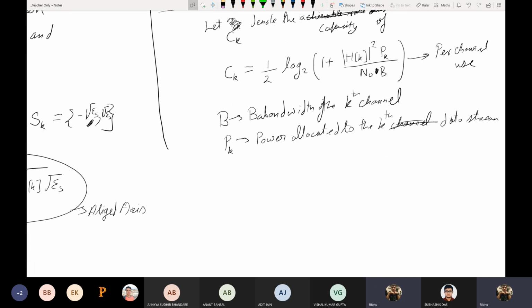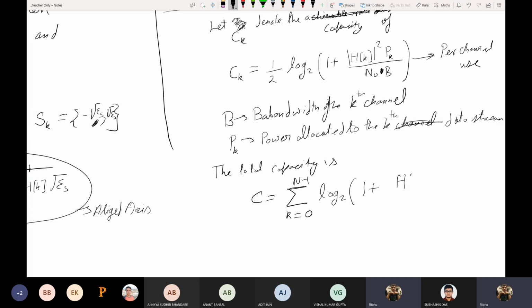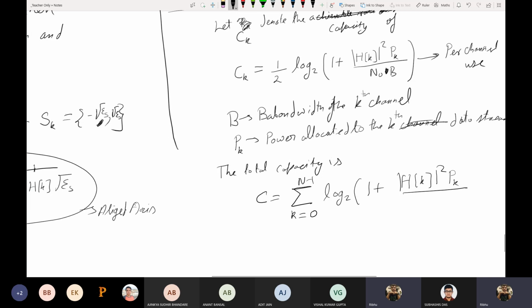So the total capacity is the sum over k equals 0 to n minus 1 of log to the base 2, 1 plus ... right?